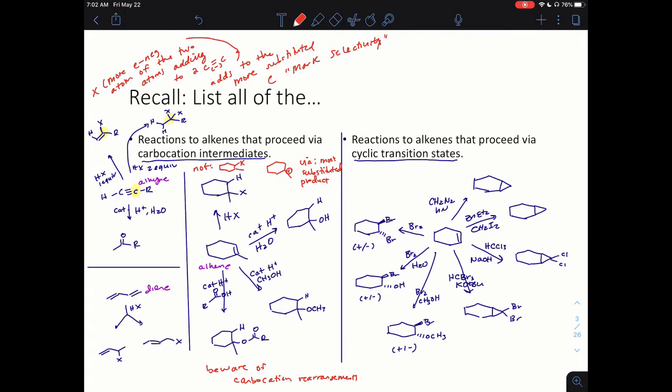We said that these reactions are okay for symmetrical internal alkynes, but you're going to have a product mixture when you use an asymmetrical internal alkyne.